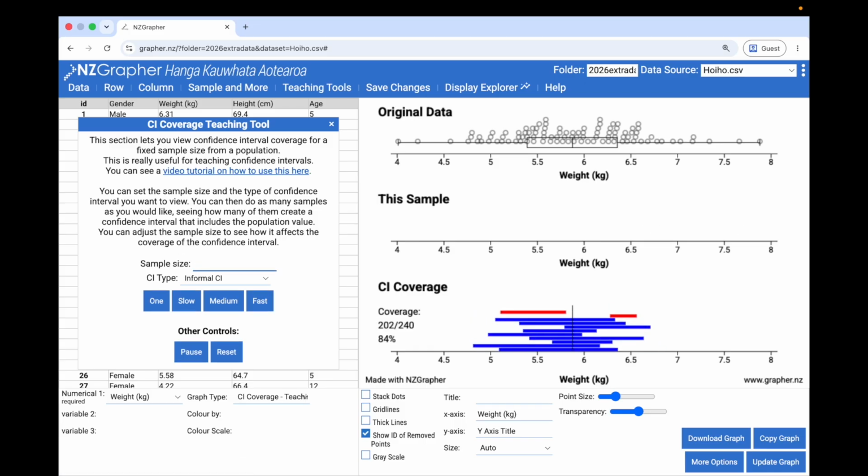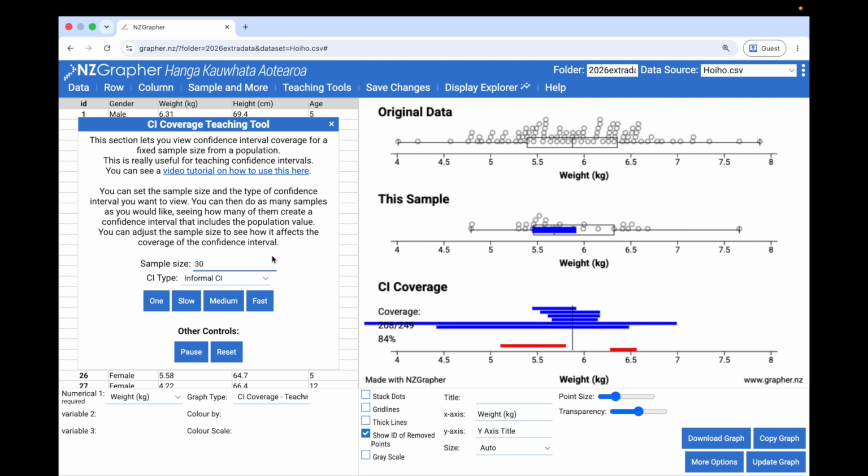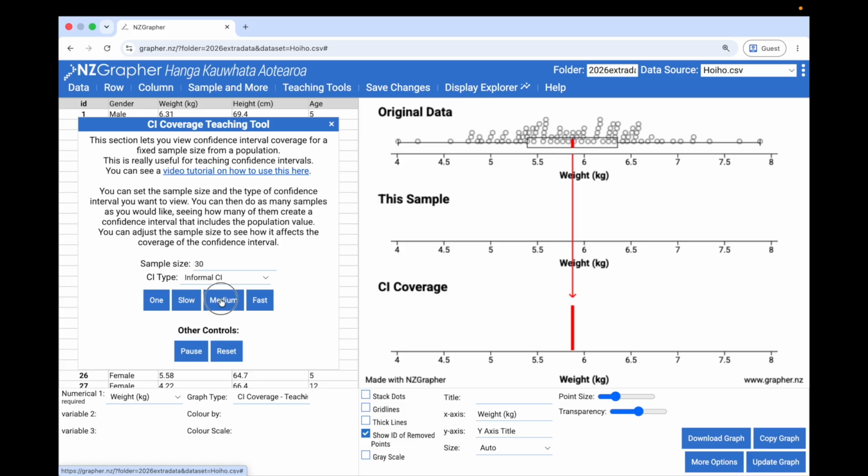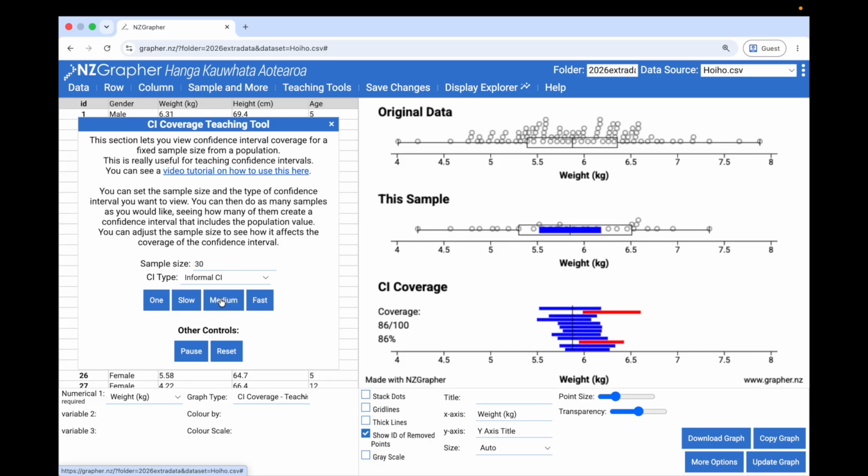So if I take my sample size instead of 10 and I make it 30, we can see our confidence intervals here have narrowed down quite significantly. I'm just going to reset that, and then we'll go medium speed this time. So we can see that's hitting about that 90% that we were expecting.